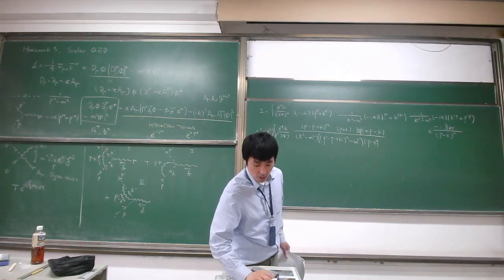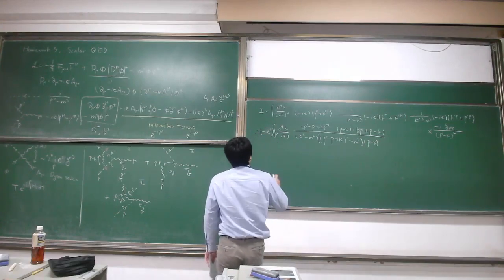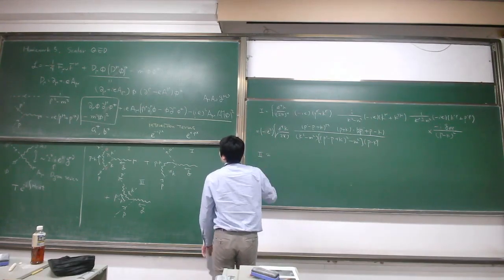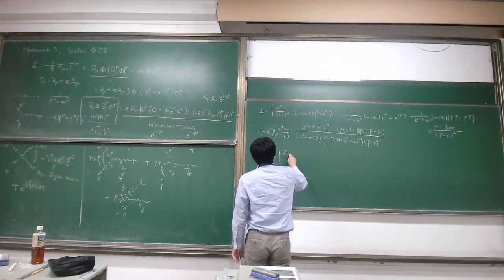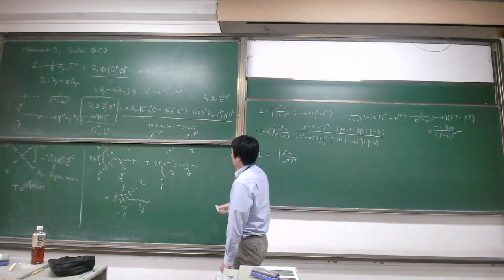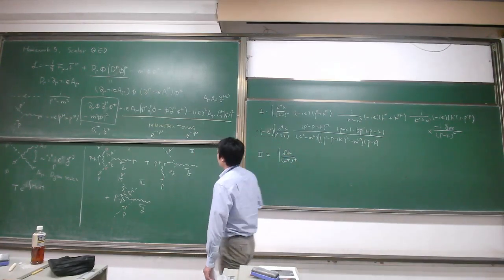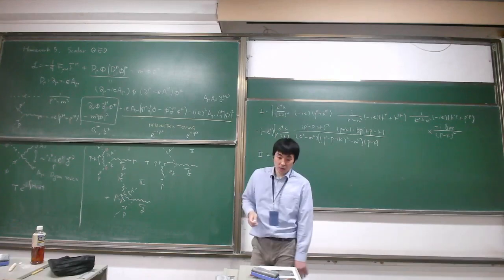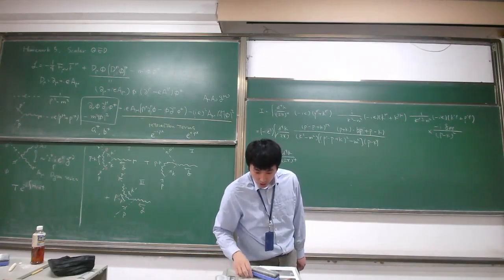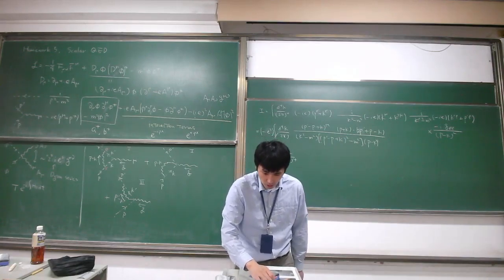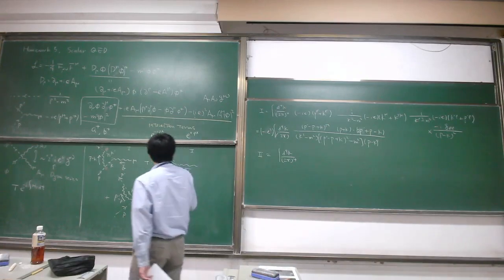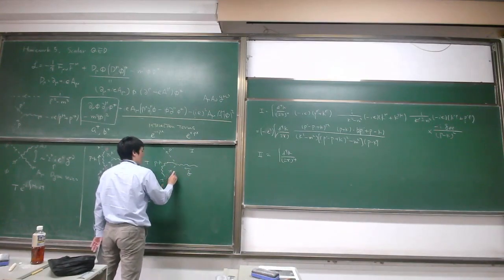And second, okay, I have to be careful. So d4k over 2 pi to the fourth. Okay, let's do it here. What did I do? This is sigma, I call it. Okay, I call it sigma here and mu here, right?